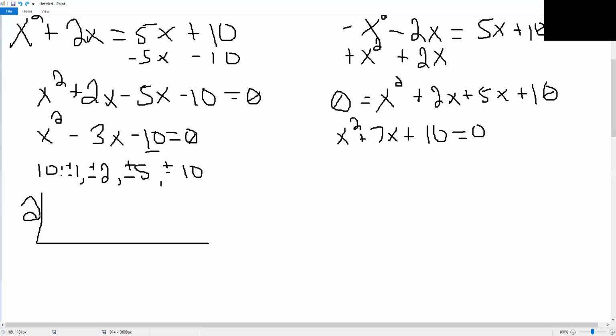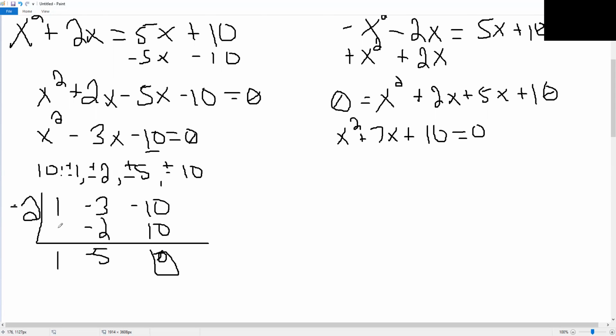What about -2? So this is a 1, a -3, and a -10. So -2 times 1 is -2. That equals -5. And -2 times -5 is 10, because this is a negative and this is a negative. That makes a positive 10. That makes a 0.